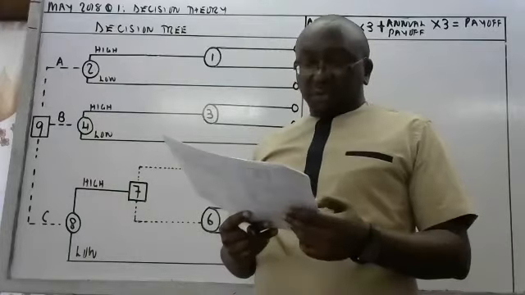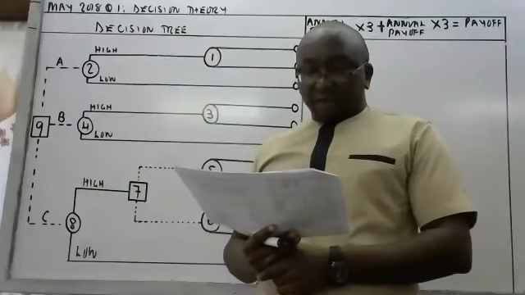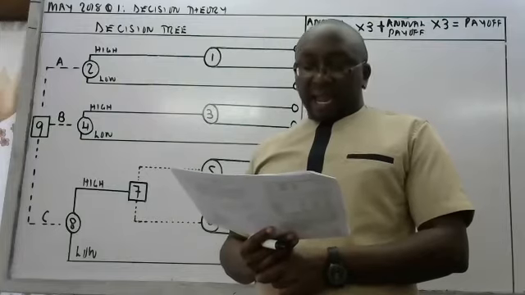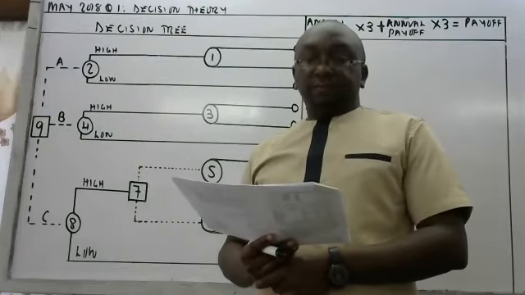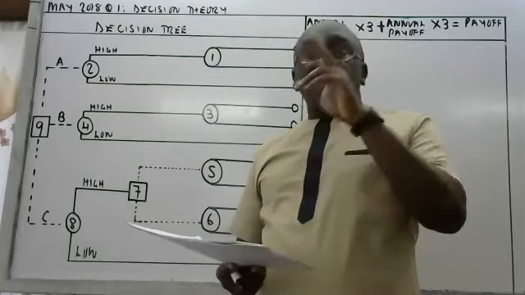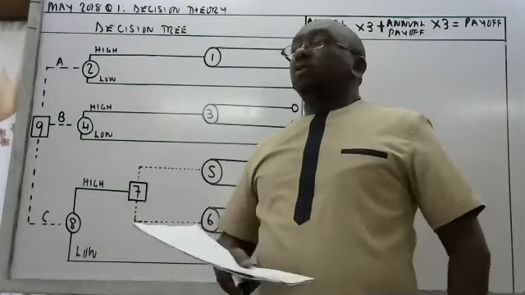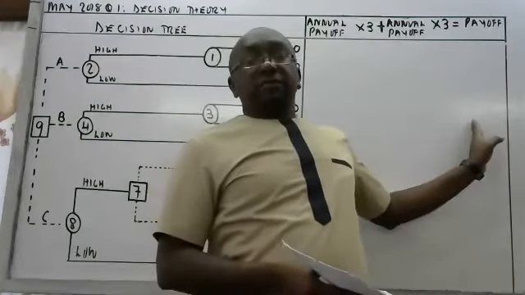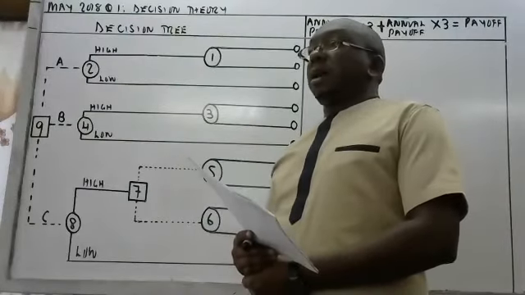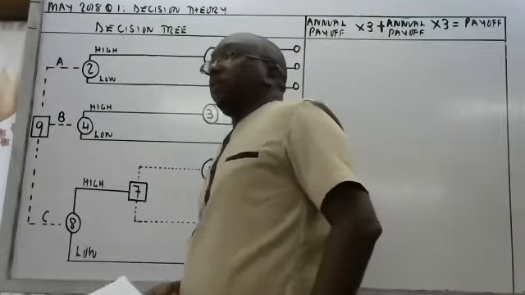But when you come to where the payoffs have been given, we are just told when demand is high and when demand is low. So that means we must reduce the 3 to 2 so that we are able to compute the payoffs.